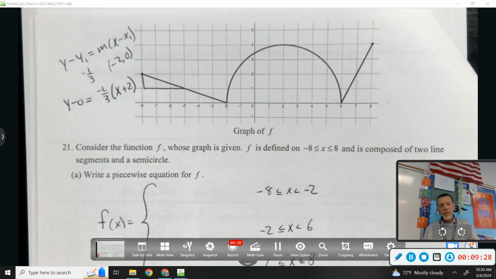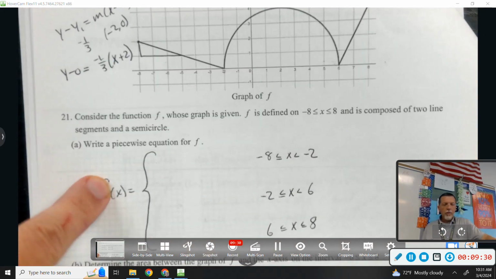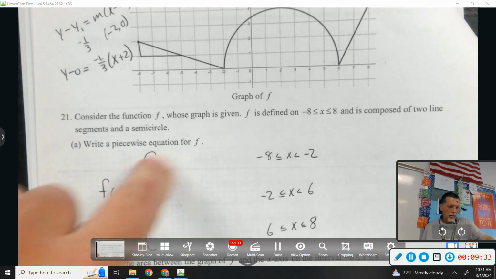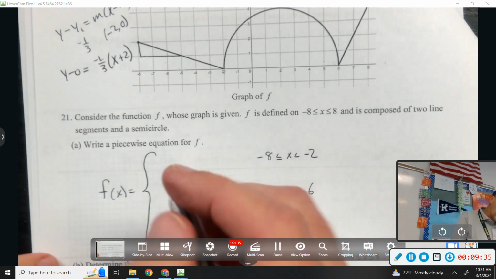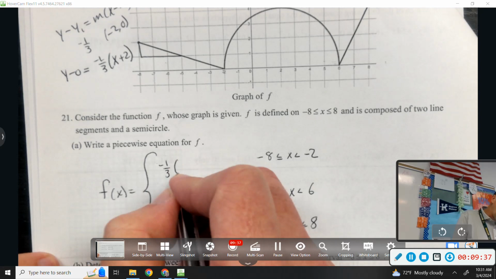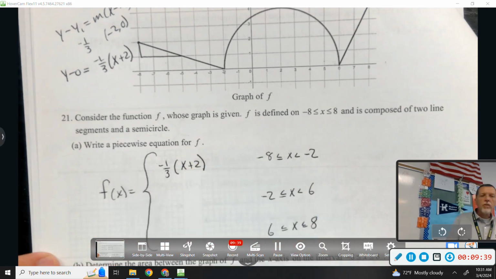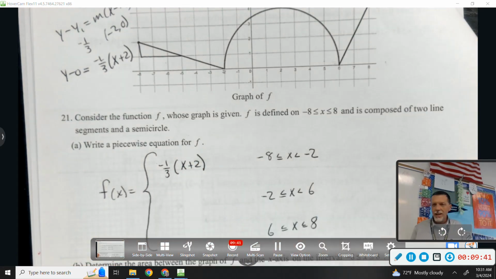Now when we put that in this equation, we already have y equals written there, so I'm not going to write y equals again. I'm just going to put the equation, negative 1/3 times x plus 2. And you can distribute the negative 1/3, or you don't have to, whichever way you like.